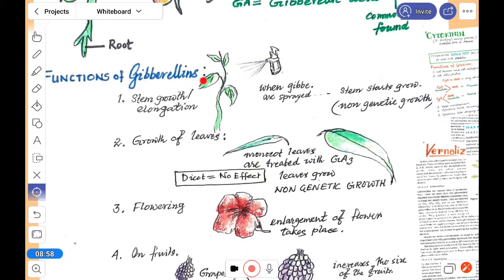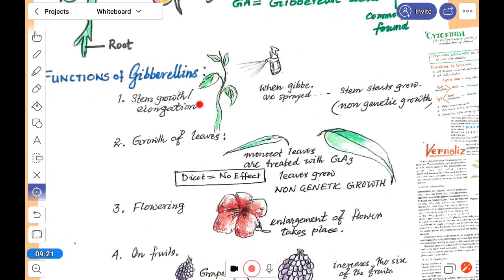The function of gibberellin: here, stem growth and elongation. This type of growth is not exactly like auxin. If gibberellic acid is available, then a certain area of the plant will grow.